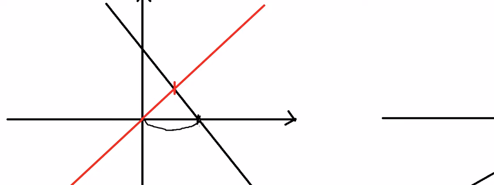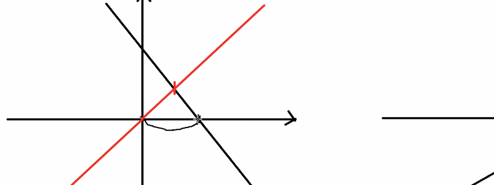Next, so we put the red line in here. So we have the intersection in here. Next, from O to this intersection in here, they have the same length from O on OY.